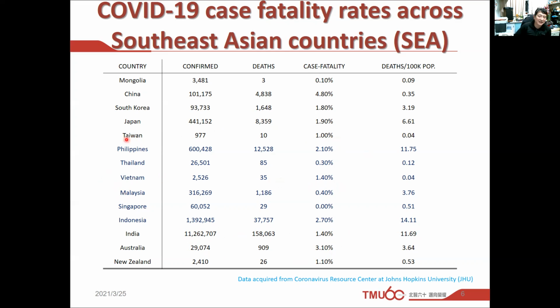Due to the experience of SARS, Taiwan, Hong Kong, and Vietnam had some experience, so they put a lot of good policy in place to prevent this disease at the onset of the COVID-19 outbreak. We encouraged people to put on a mask.